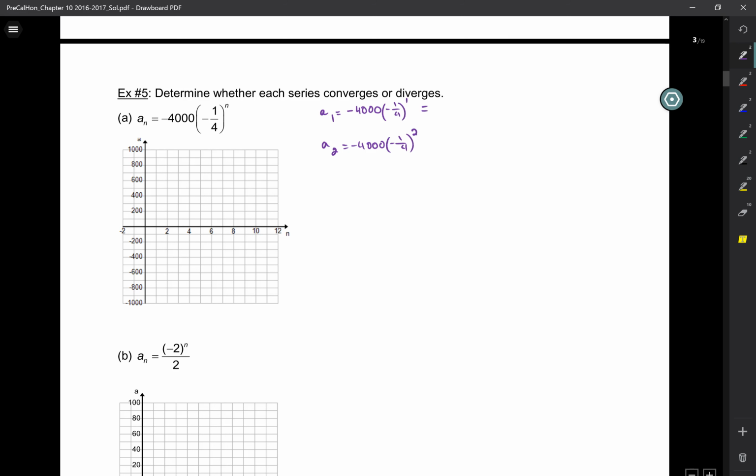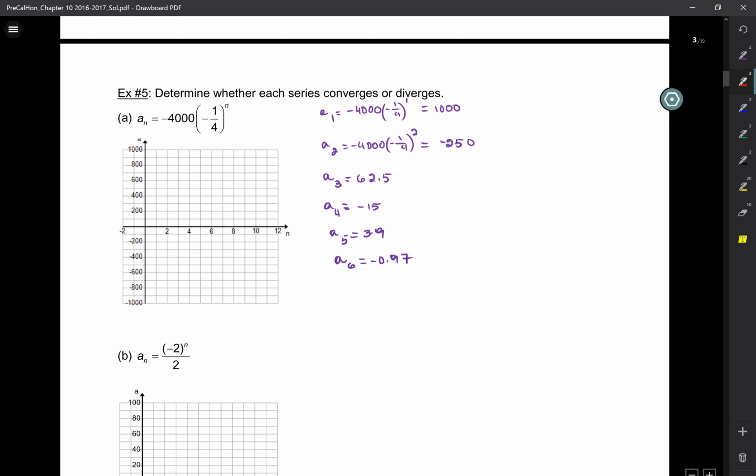Okay? So the first number is going to be 1,000. Then we're going to get negative 250. Then A3, we're going to get 62.5. A4, we're going to get negative 15. A5, 3.9. A6, negative 0.97. All right?